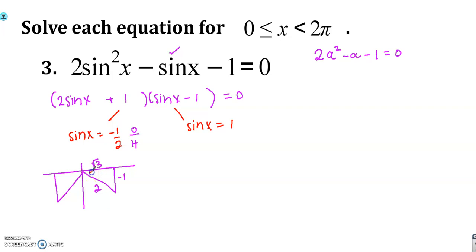And so that will make my reference angle, I'm still in radians, so across from the 1, that's pi over 6. So from this first equation, in quadrant 3, I'm going to do pi plus my reference angle. So pi plus pi over 6 is 7 pi over 6. And then in quadrant 4, I'm going to do 2 pi minus my reference angle. So that'll be 11 pi over 6.